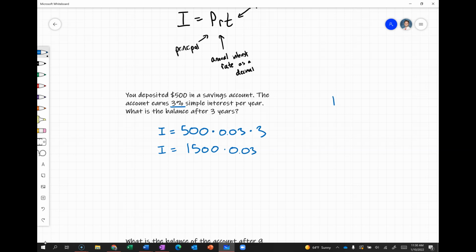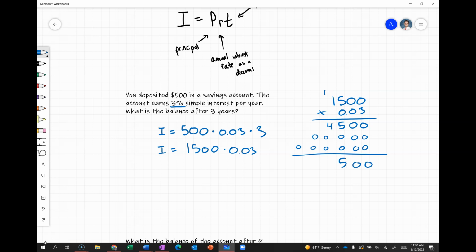And then we'll set that problem up and solve. A lot of zeros here. With 2 decimal places. So $45 is the interest that you have earned over 3 years.